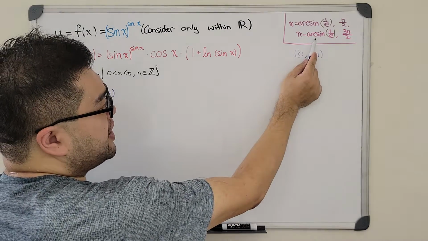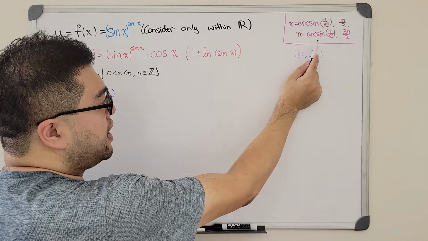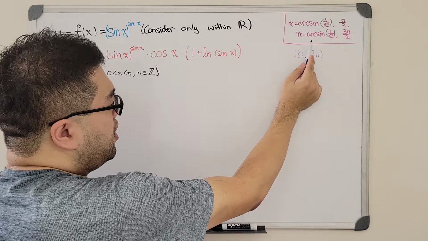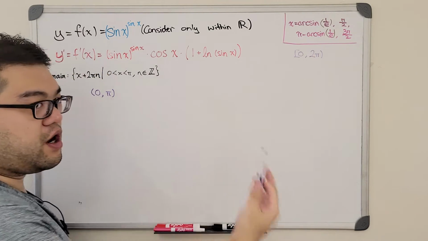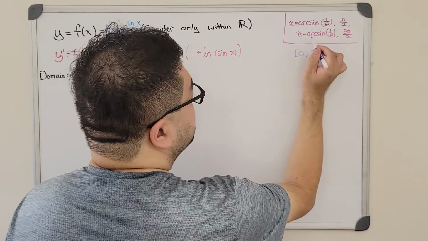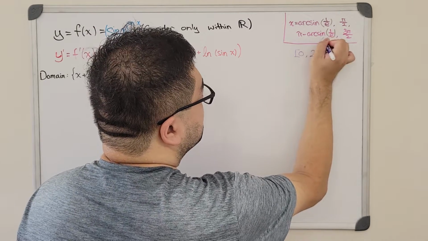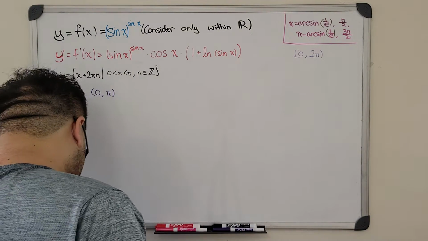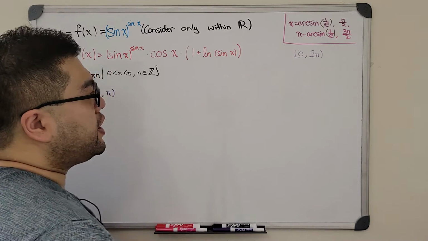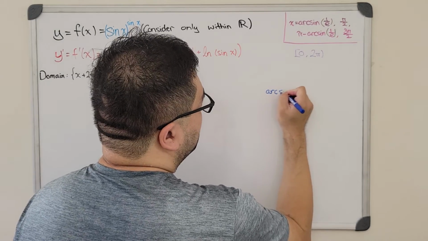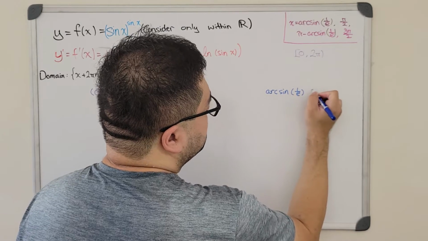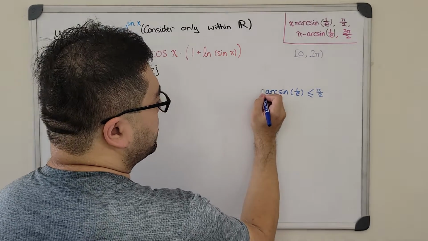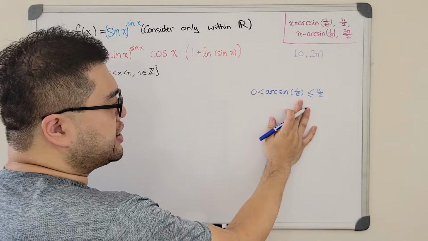Since we're saying that sine inverse of 1 over e is a positive value that cannot be greater than pi over 2 by the definition of the sine inverse function, this value here, the arc sine of 1 over e, has to be less than or equal to pi over 2. And we're saying that it's positive, so we will actually get this.